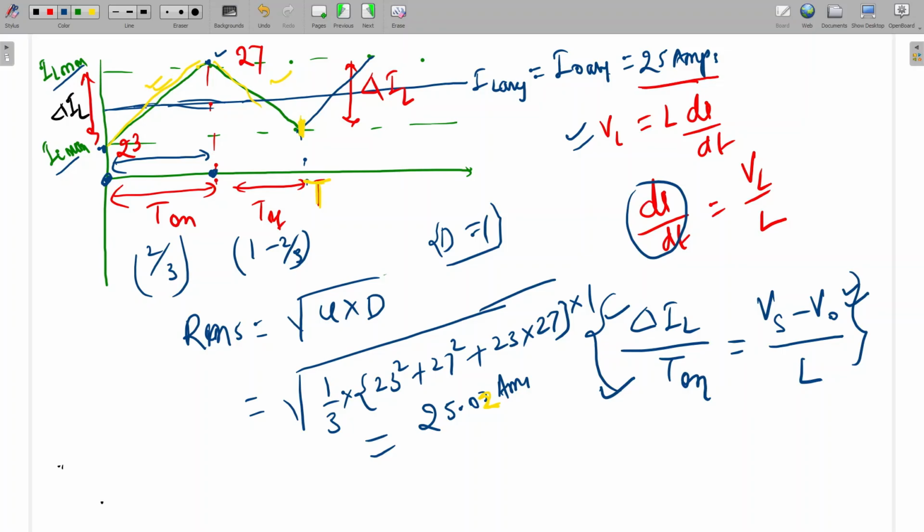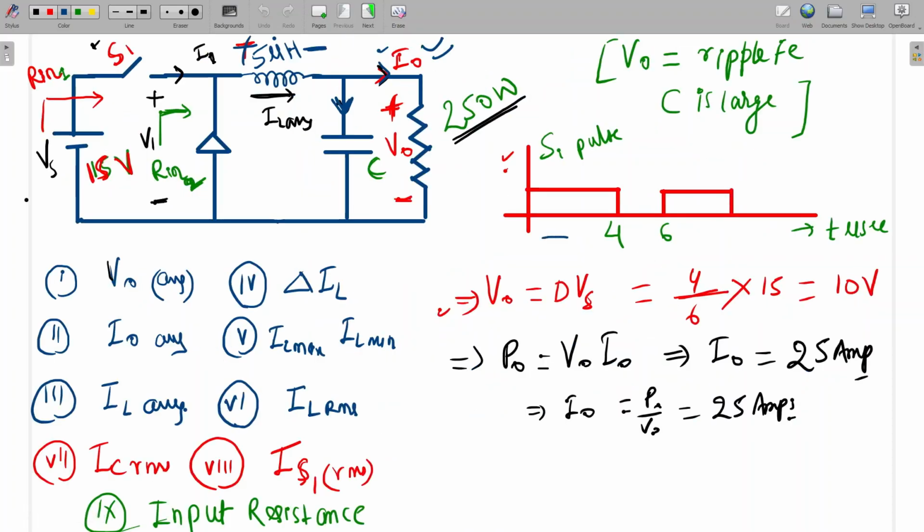Yes, sir. Okay. So both I think it's the same. Can you ask again? T on and T off. See, T on is 4 microseconds. So what will be the duty for T on? Duty for T on will be 4 by 6. And here it will be 1 minus 4 by 6.